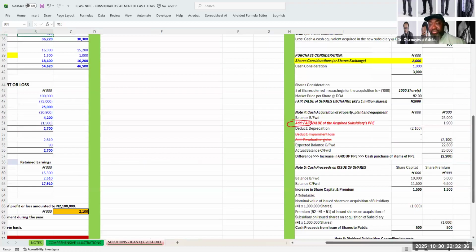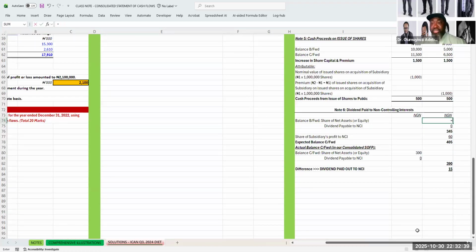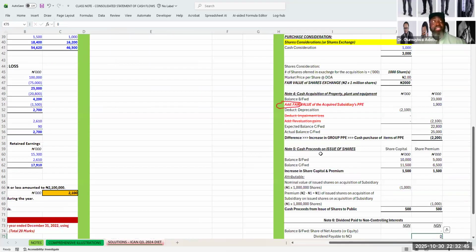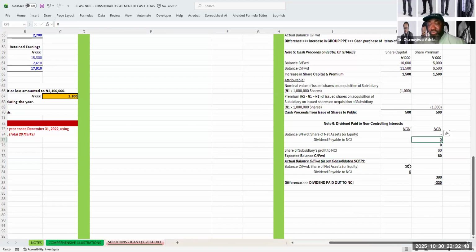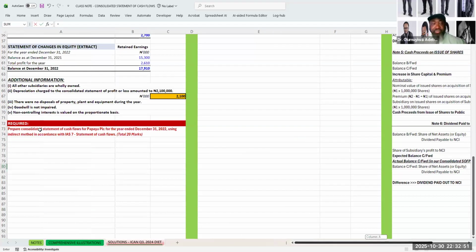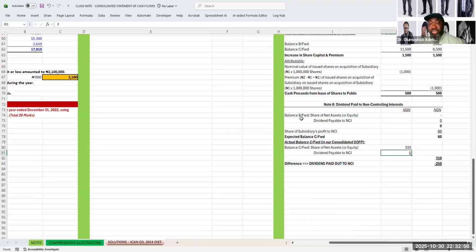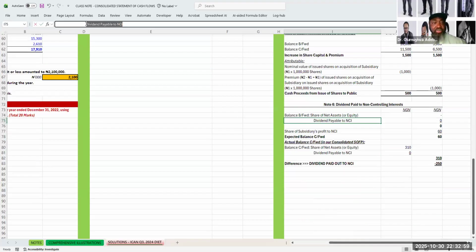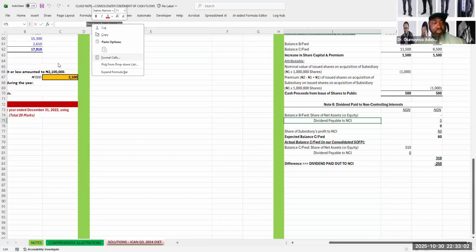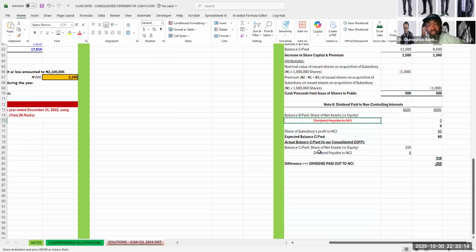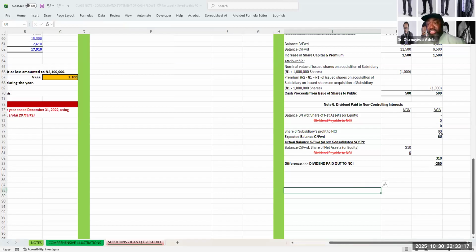Therefore, I'll link it. Now, these two, I'm going to cancel them out because they don't exist.